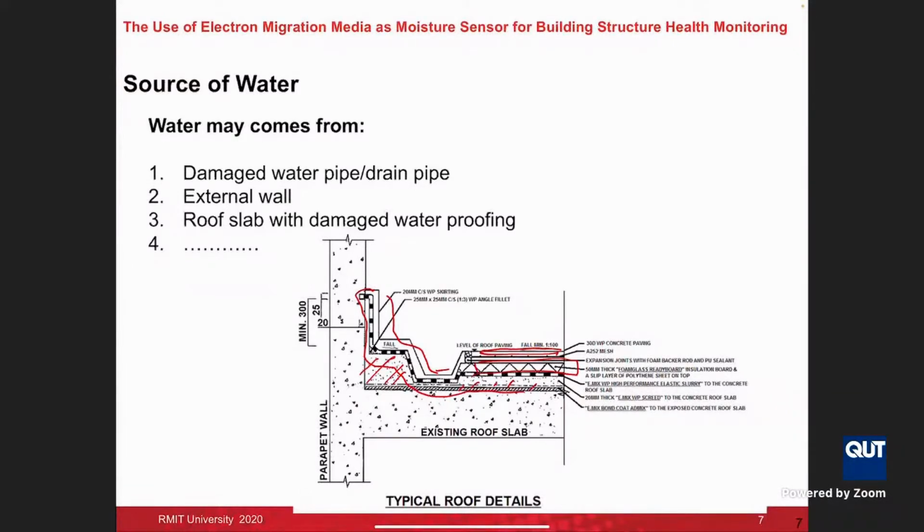The problem is that the water comes from the surface of the roof and penetrates through the tile, and when the waterproofing layer deteriorates, the water penetrates into the cement plaster and also the reinforced concrete. So the rooftop was damaged due to water ingress.